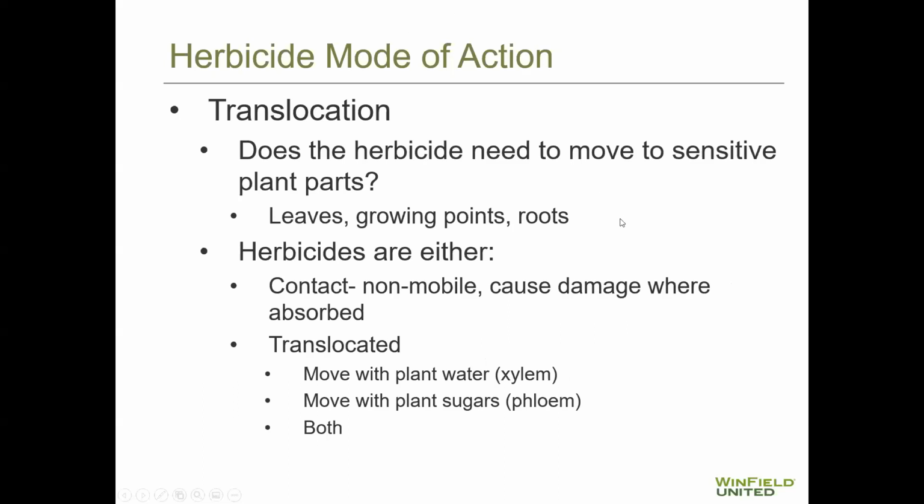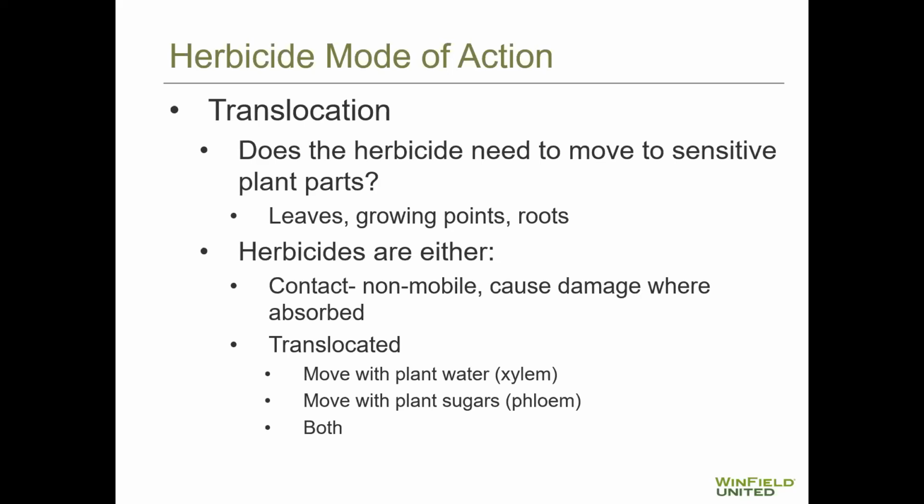Okay, now there's a couple different ways herbicides move within the plant. So translocation, does the herbicide move to the sensitive parts of that plant? Herbicides are either a contact type chemistry, or they're what we call systemic. Now, there's two varying types of systemic chemistries.